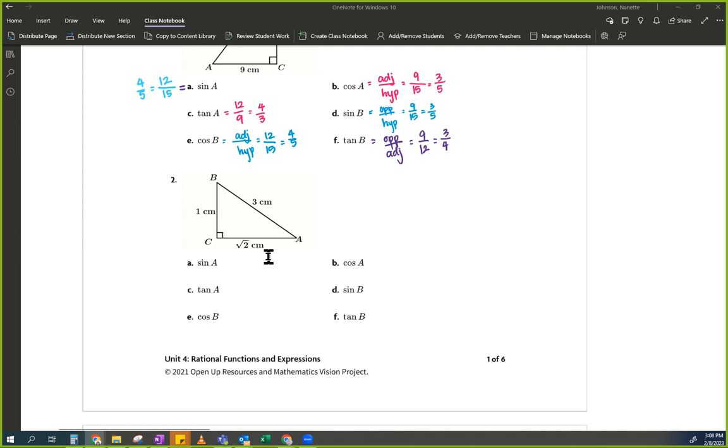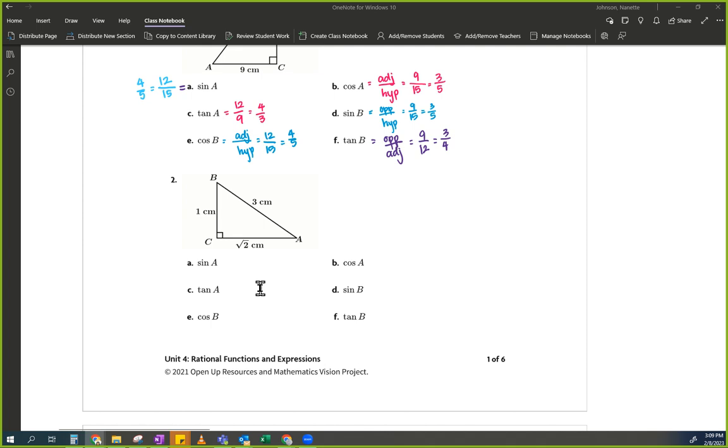I want to make sure you're comfortable with it because if you're going to be taking your SATs, you have to be comfortable with the square roots and what they're sometimes equivalent to. So I'm going to work on A really quick. Can you find me sine, cosine, and tangent of A? I'm not going to do the whole thing, but sine, cosine, and tangent of A.